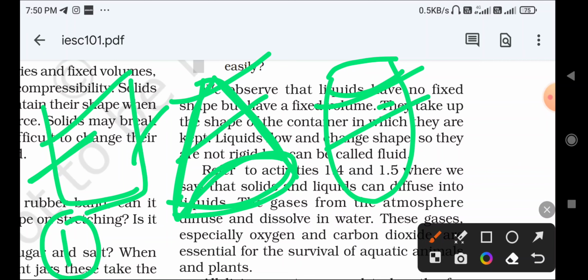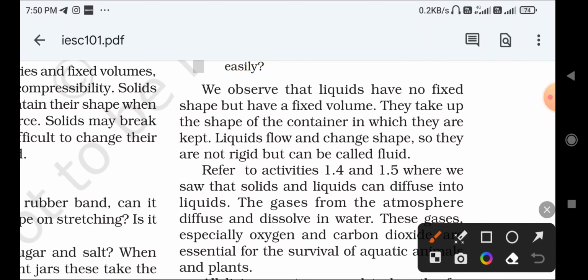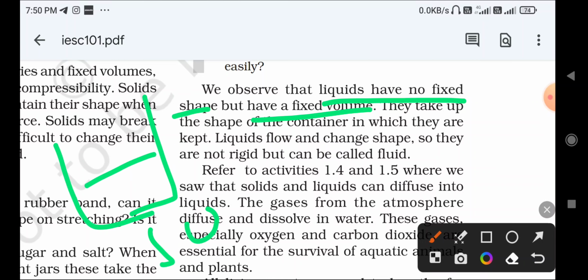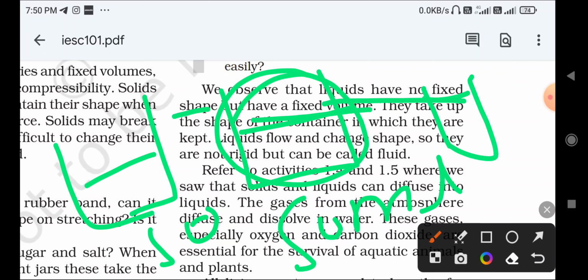The first point is clear that liquids have no fixed shape but have a fixed volume. In whichever container we take 50 ml of water, the shape is different. The same amount of 50 ml taken in a circular plate or a beaker still has 50 ml only. In a test tube also it has 50 ml.